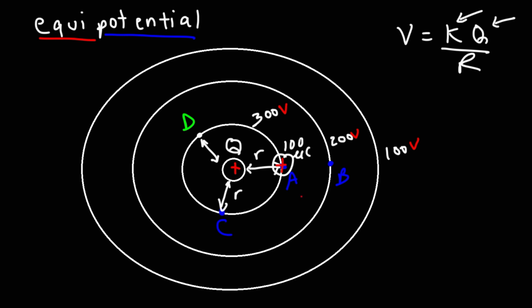So let's say we want to move it along this line from point A to point C. How much work is required to do that? And let's compare it to moving from point A to point B. So how much work is required to move a 100 microcoulomb charge from point A to point C along the circle and from point A to point B?